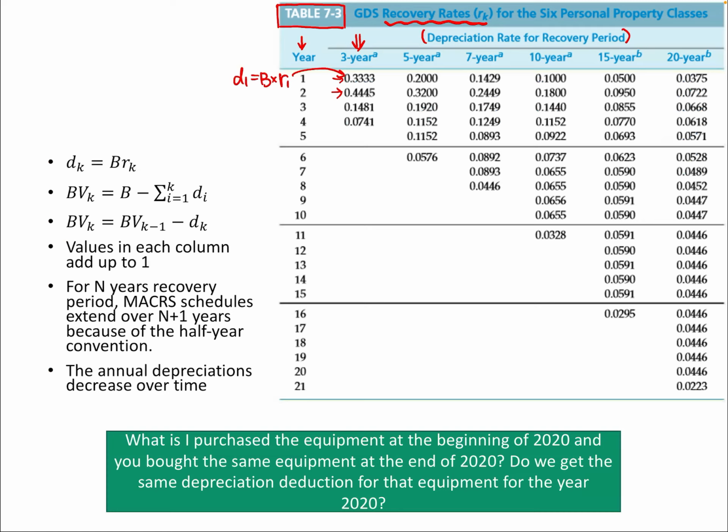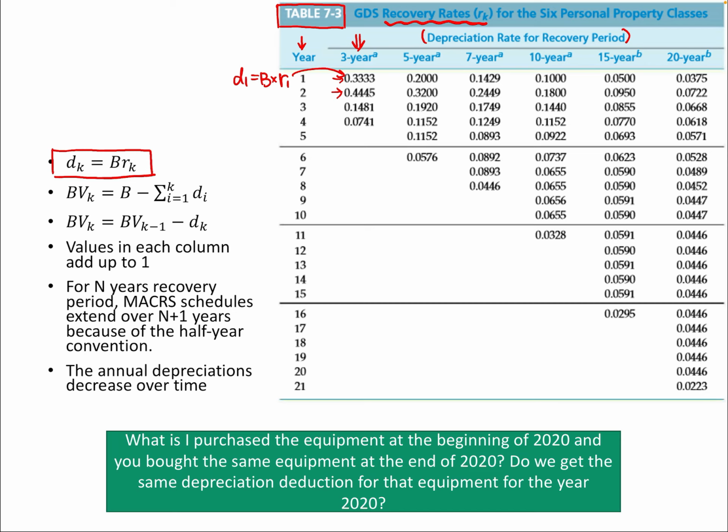And then let's take a closer look at table 7-3, where you can find out the RK. The reason why you want to use the table to find RK is that under MACRS, the method requires you to calculate the DK using this formula. For each year, the depreciation deduction is B, the cost basis, times the RK.